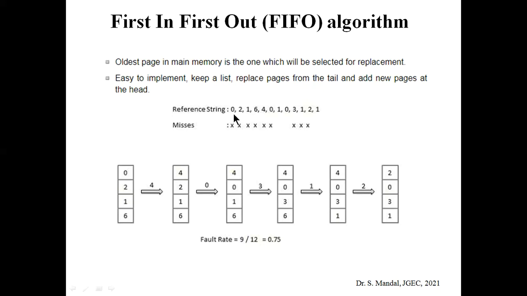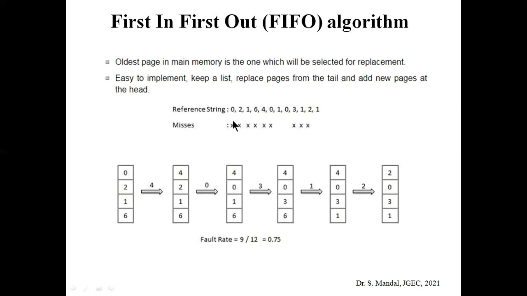As there are free locations, page 0 has been introduced, 2 has been loaded into the next frame, 1 into the third frame, and 6 into the next frame.